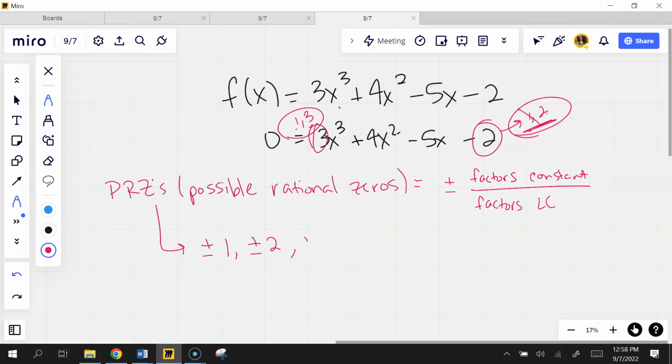Oh, sorry. I went the wrong way. Now I'm going to divide all these by 3. I'm finished dividing by that one. Now I'm going to divide it by 3. Sorry. 1/3 and 2/3.